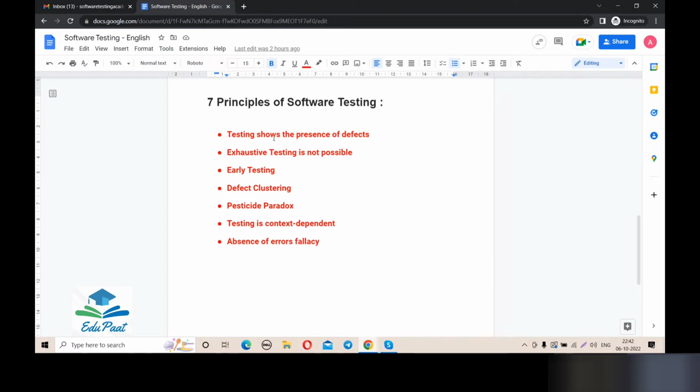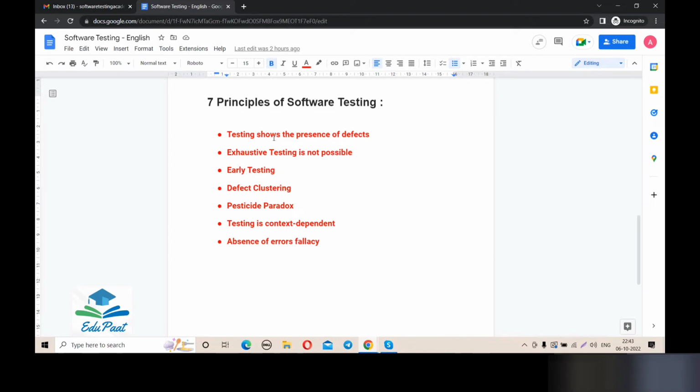Therefore, to improve software performance, software testing should begin at the initial phase, during requirement analysis. Is that clear? We have to test very early, before the development process starts. We can easily test the requirement, and if there is any defect, we can easily fix it. That is the funda of early testing.